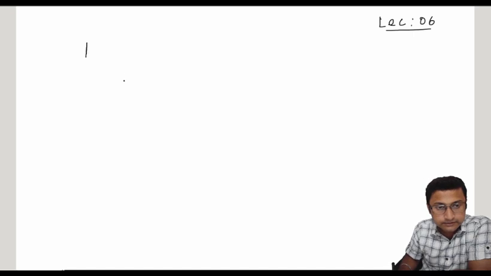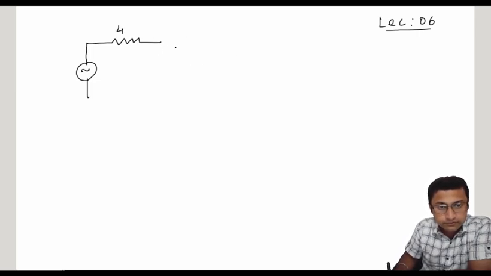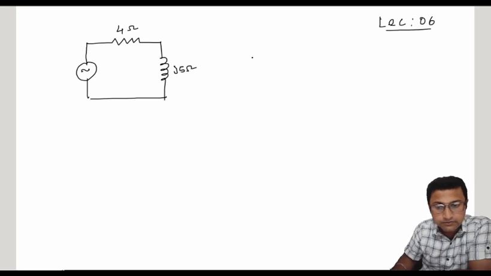This is the AC voltage source. With this there is a 4 ohm resistance connected in series, and with this is one inductance, j5 ohm, and this is the capacitance, that is minus j2 ohm, and here is the current source.